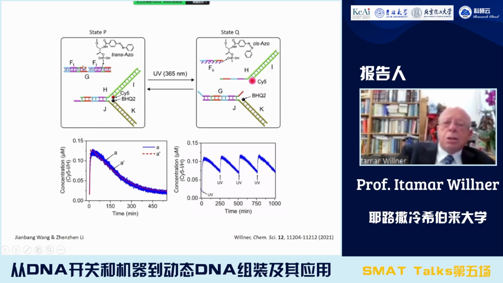If we shine light on it, the trans state is converted to the cis state, and we have separation of this duplex structure. The released G strand separates the Y strand, and we can follow this separation by the fluorescence of Psi5. But the thermal back isomerization of the cis to the trans restores this Y-shaped structure through stabilization of this duplex structure.